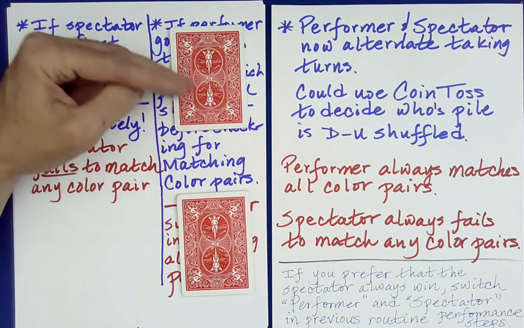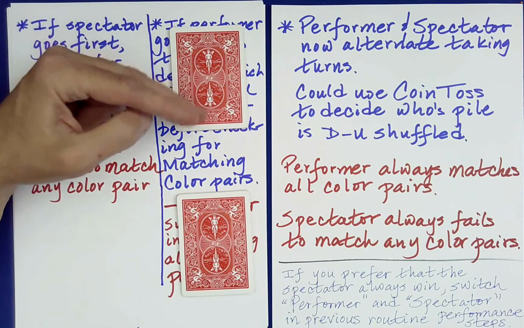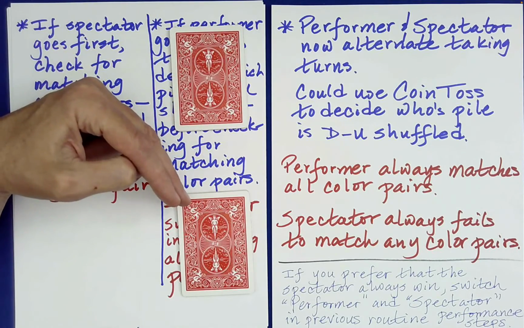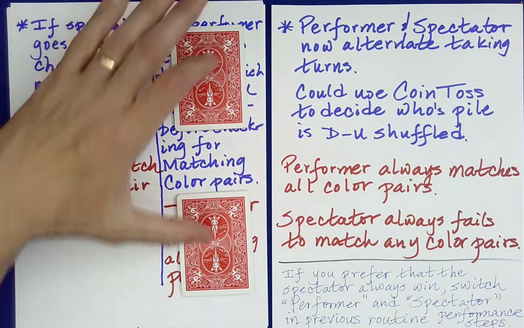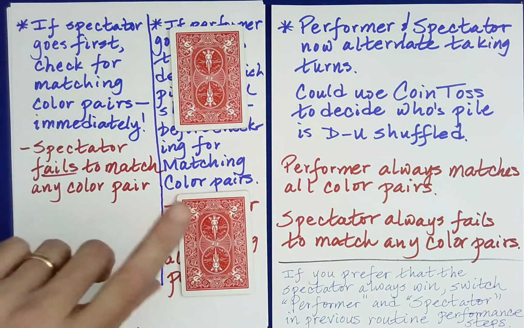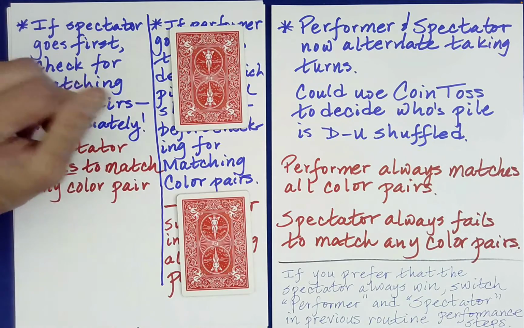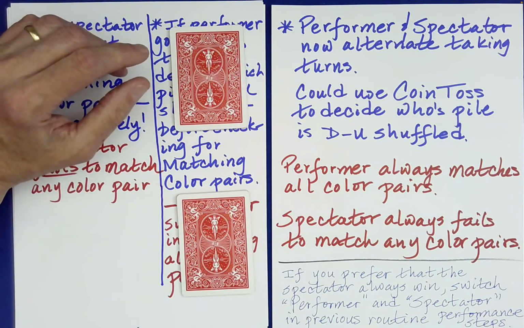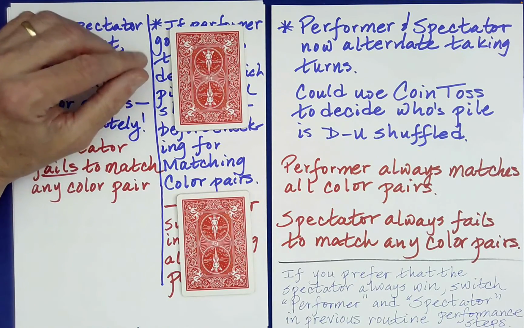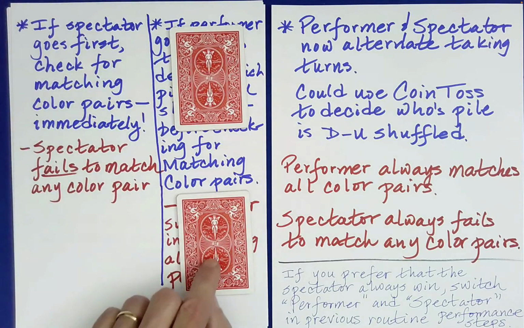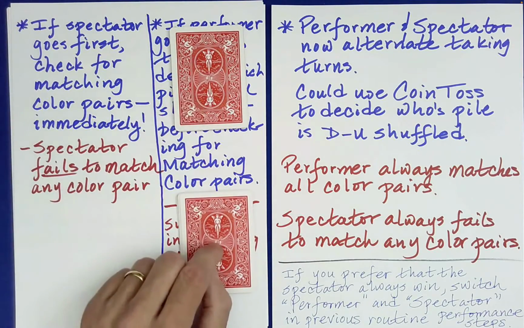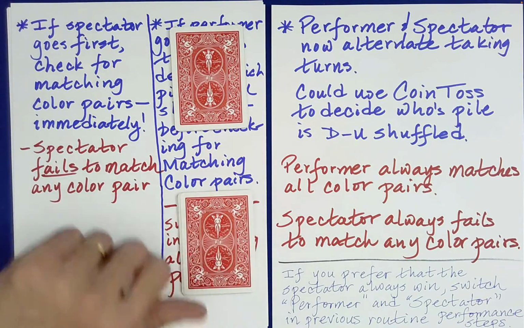So reds and blacks were switched. What that did was guarantee that right off, the top cards wouldn't match, the second cards wouldn't match, and so forth. Well, the down-under shuffle inverts Bessey sequences of order 8. If you invert either one of these, they will now be, quote, in sync.